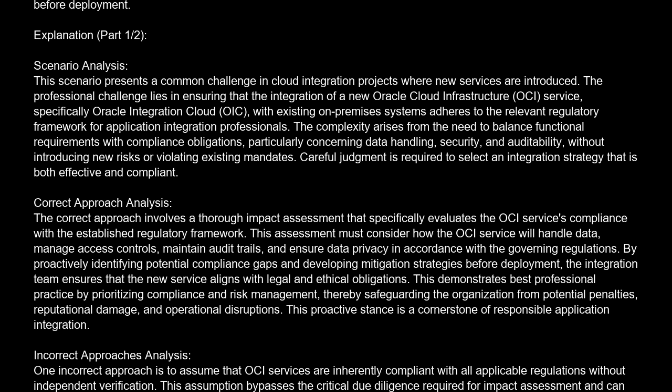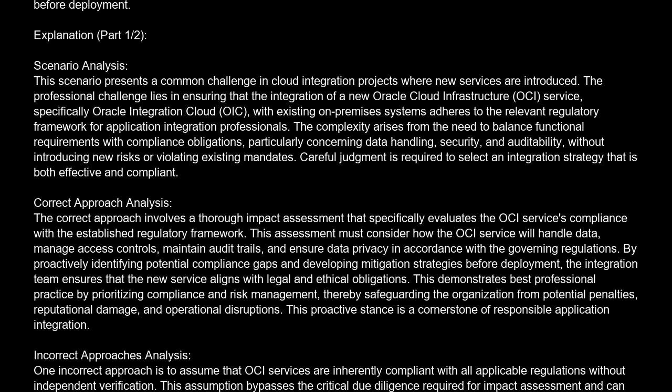Correct approach analysis. The correct approach involves a thorough impact assessment that specifically evaluates the OCI service's compliance with the established regulatory framework. This assessment must consider how the OCI service will handle data, manage access controls, maintain audit trails, and ensure data privacy in accordance with the governing regulations.